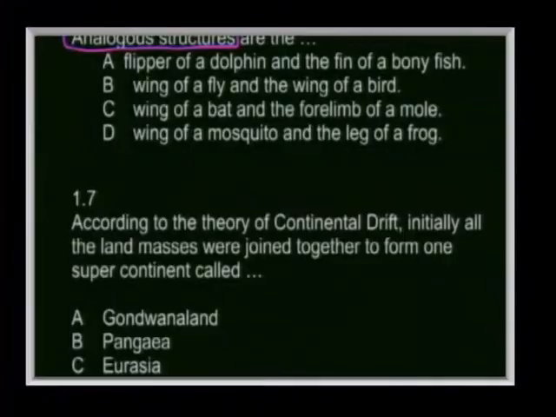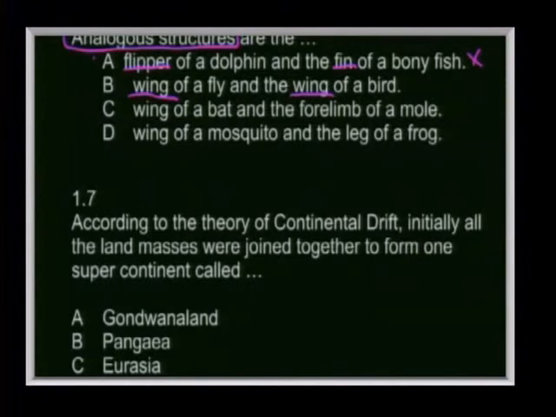Homologous structures may have different functions, but they have a common ancestor. So let's just have a look. The flipper of a dolphin and the fin may have slightly different functions, so that would exclude them.